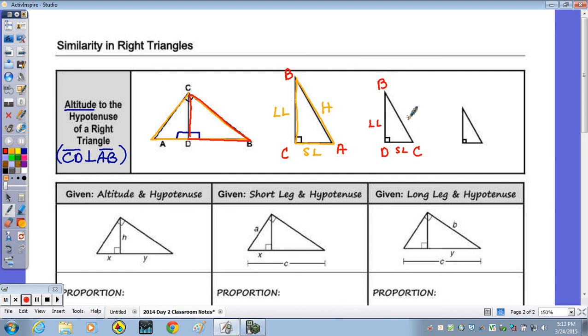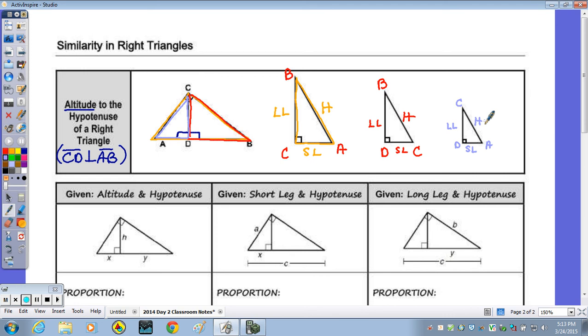And then the hypotenuse is BC. And then with the smaller triangle, okay, we have the right angle at D. And then, again, the long leg is CD, short leg is AD. Again, LL, long leg, SL, short leg, H, hypotenuse.